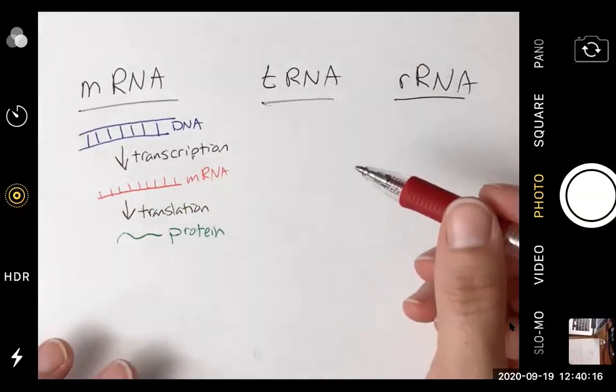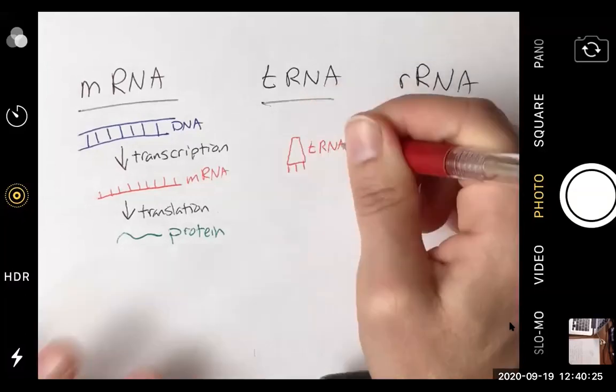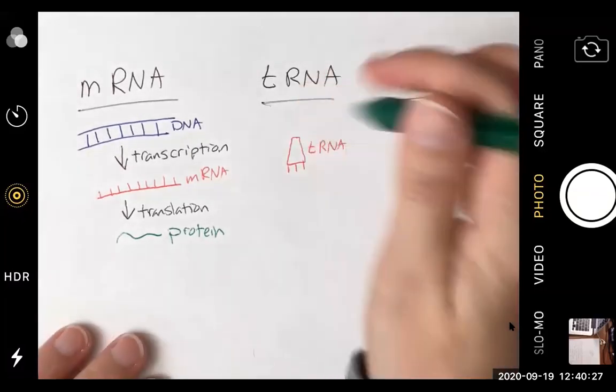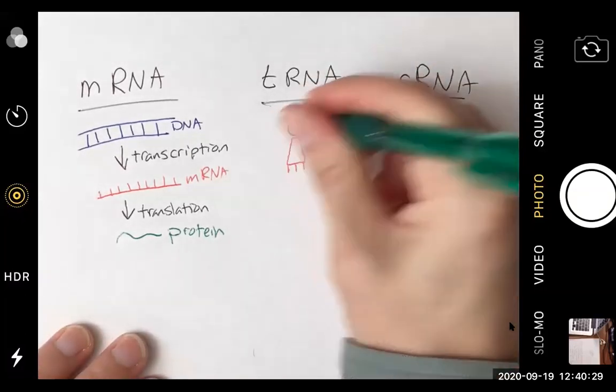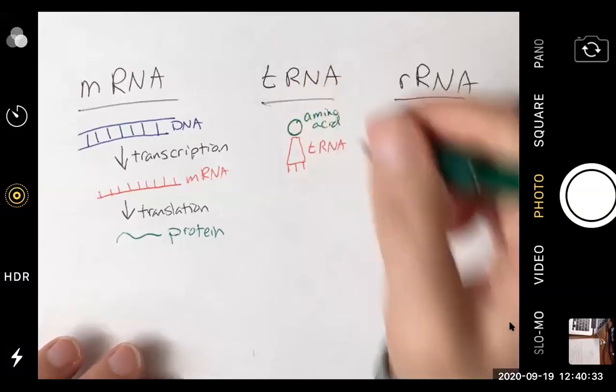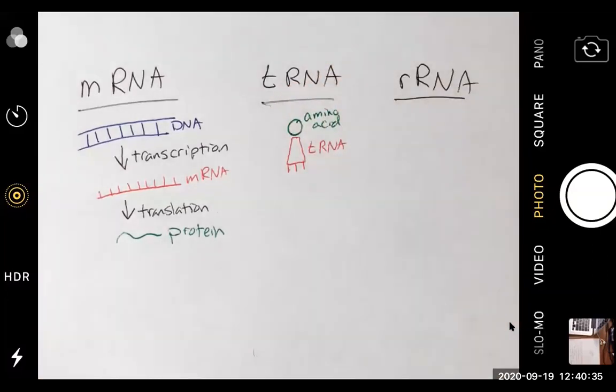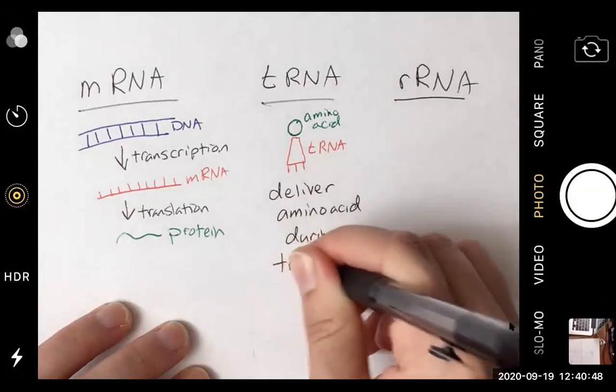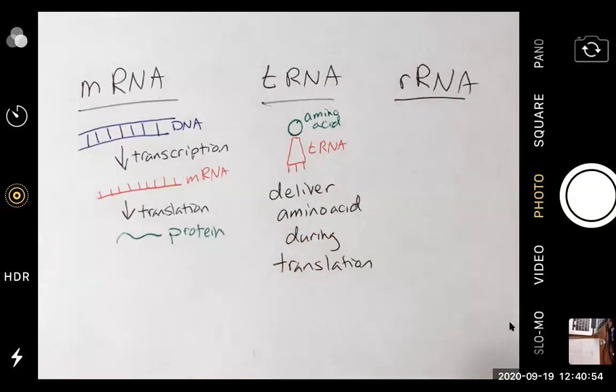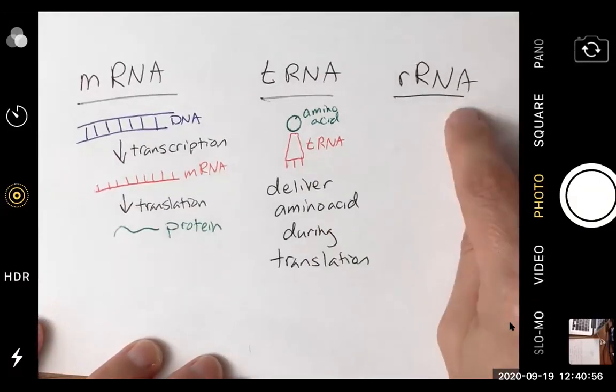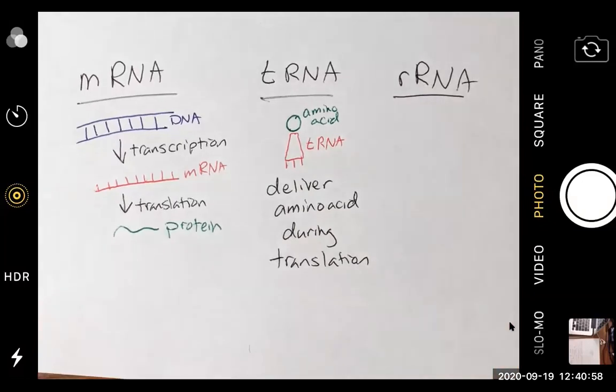tRNAs also play a role in translation. And what they do is they are the ones that deliver the amino acid to the ribosome during translation. Right, and then the one that we're talking about in this lesson is ribosomal RNA.